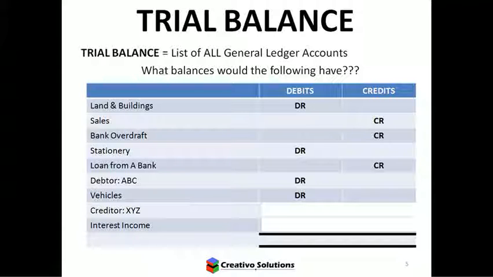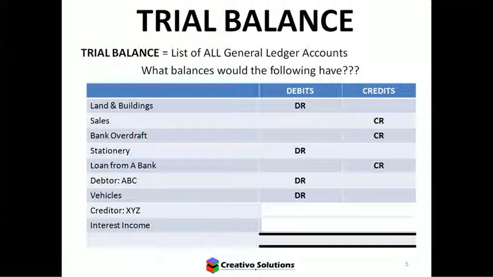Next is creditors, or creditor XYZ. Creditor XYZ, let's think about this. Well, when does a creditor arise? It arises when I purchase from someone on credit. So as the business, I'm going to be buying goods from a particular supplier, in this case XYZ. If I'm buying on credit from XYZ, that means I've purchased today and I'm going to pay in the future.